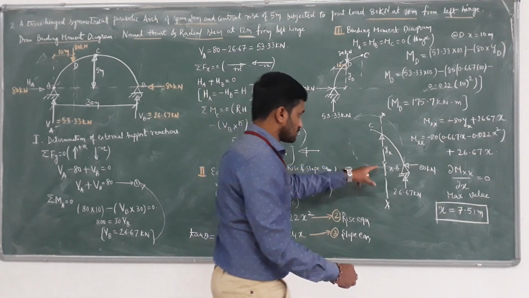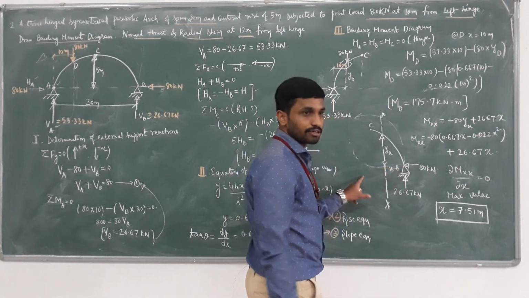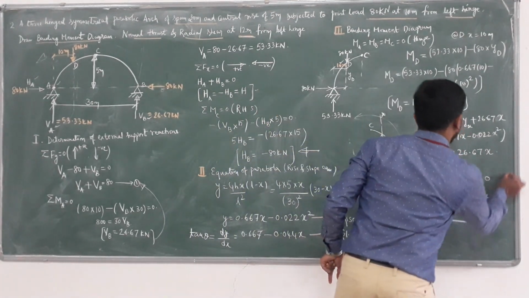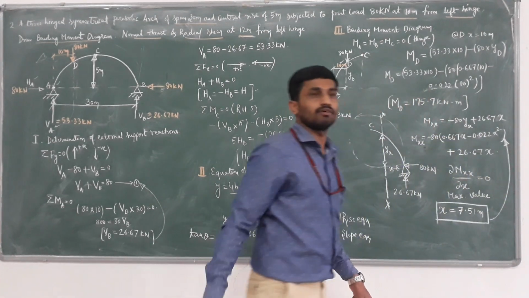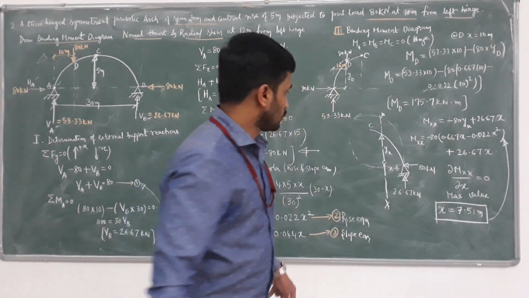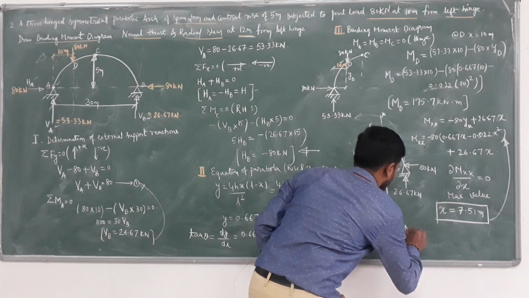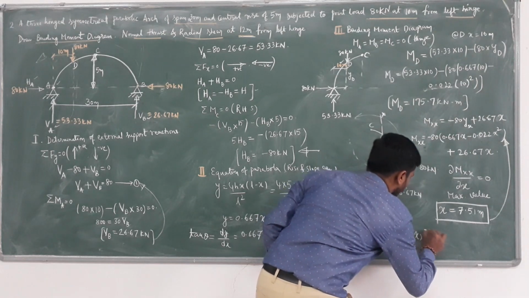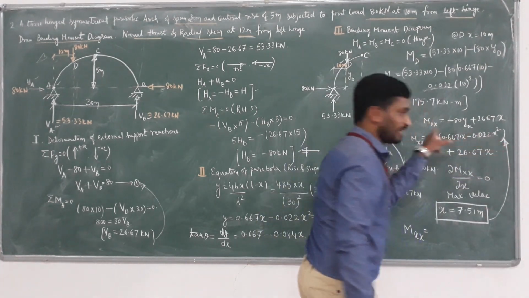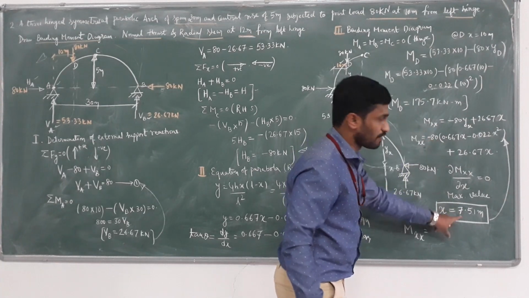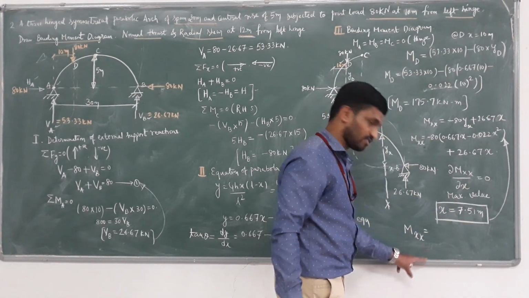Now I got the distance 7.51 meters. Substitute this in the Mxx equation to get the moment. If you substitute x value as 7.51 in Mxx, what is the Mxx value?